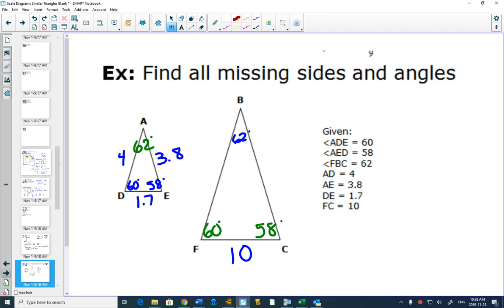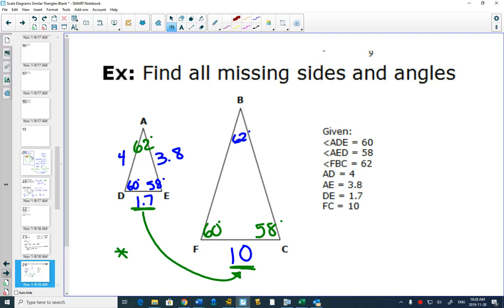The harder part is finding the sides. But if you take one of the sides, I'm going to take this 1.7 and I'm going to take this 10 because those are corresponding sides. And I'm going to go from 1.7 to 10. I have to figure out what do I need to multiply by to go from 1.7 to 10.